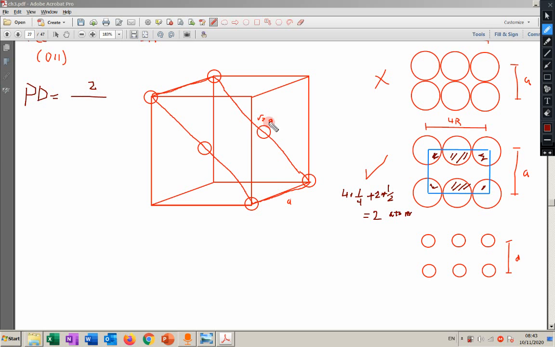A times root 2 A. That's root 2 A squared, but A here is different, so you're going to represent A as 2 root 2 R, which gives us root 2 times 2 root 2 R squared.